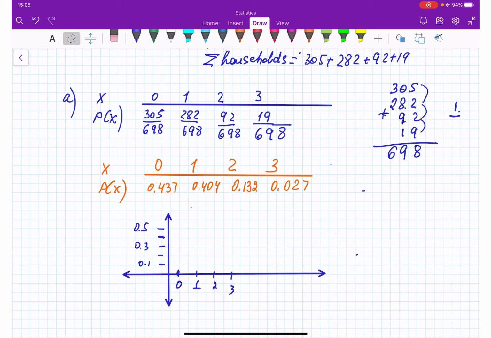So 0.4 is going to be right here. 0.437 is going to come here and this way down. Second, one computer, I keep as a midpoint, right? 0.404 is going to be slightly down.